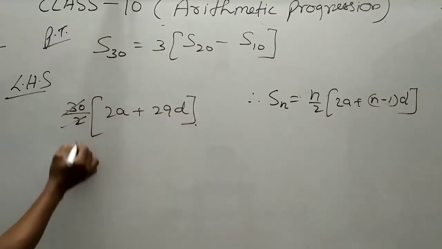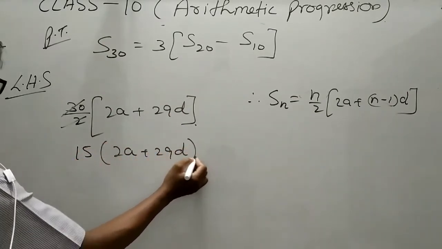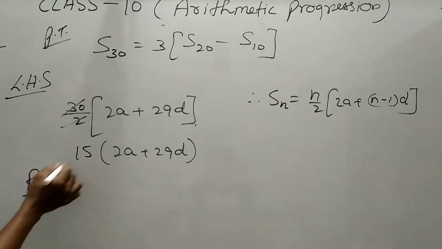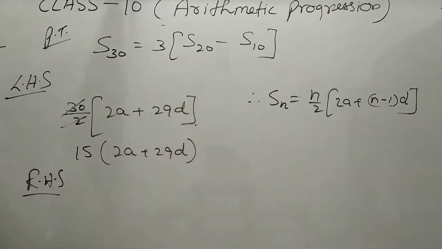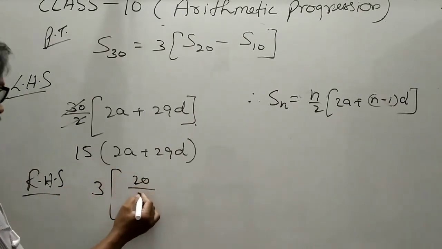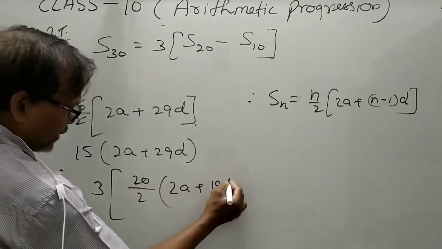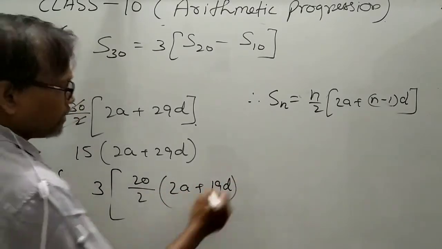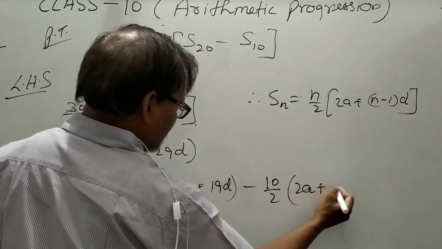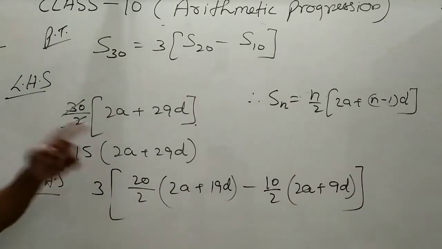Okay, 15 into 2a plus 29d. This is the LHS. Now the right hand side: first you find S20 and then S10. If we find them together, it is 3 into 20 by 2 into 2a plus 19d in one bracket minus 10 by 2 into 2a plus 9d in the other bracket, and simplify now.